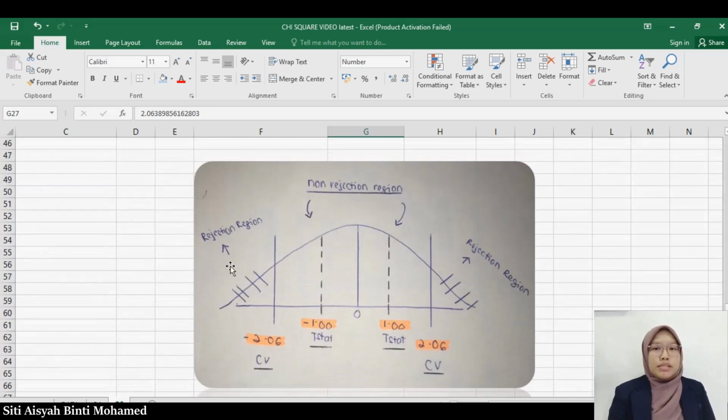Since our hypotheses use two-tail, this graph represents the two-tail data, which means the data will appear on the right side and also the left side. As can be seen here, the t-stat, which is 1, is in the non-rejection region. Therefore, we fail to reject H0 because the t-stat is not in the rejection region.